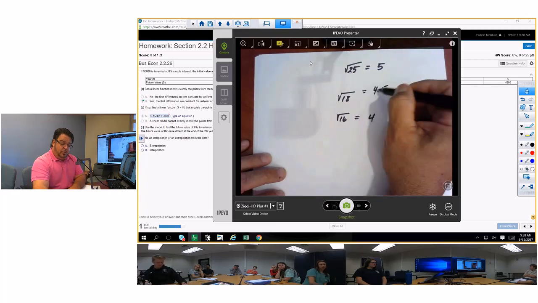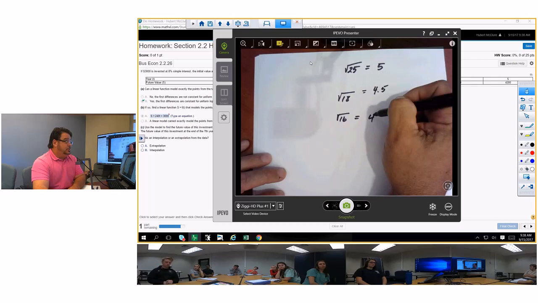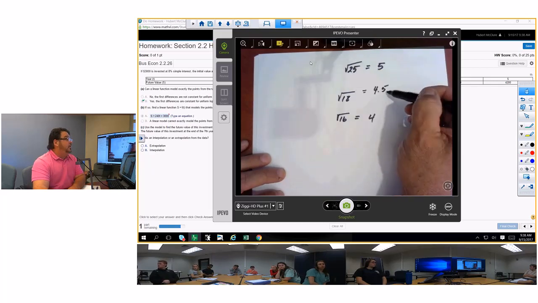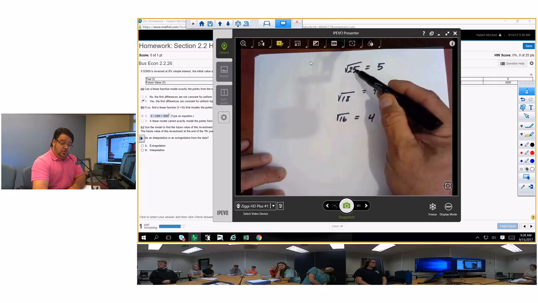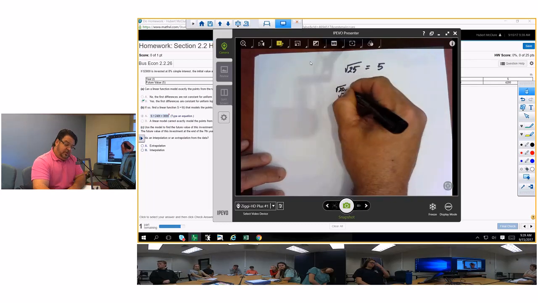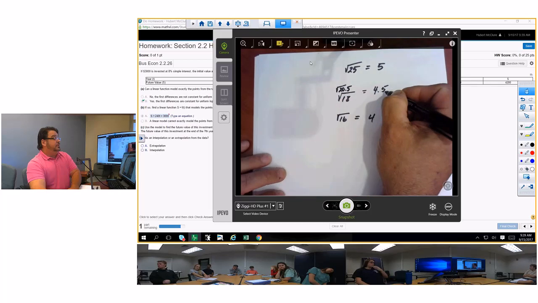So the middle of 16 and 25 should match up with 4.5. What's 16 to 25? 9. Half of 9 is 4.5, so the square root of 20.5 is equal to 4.5.